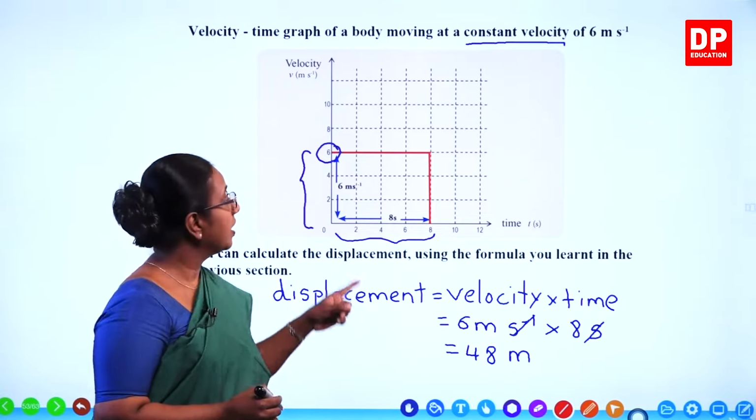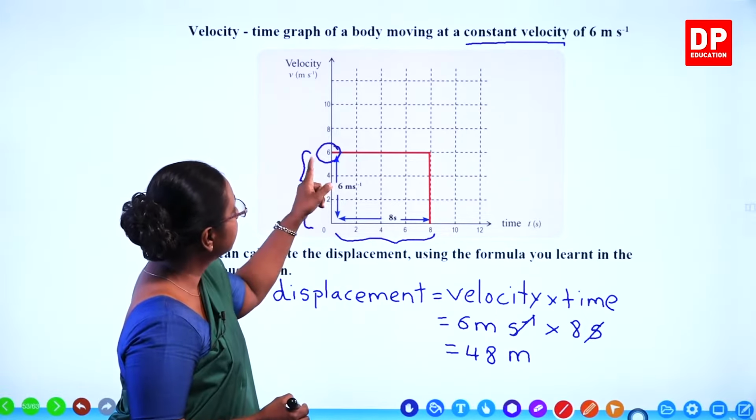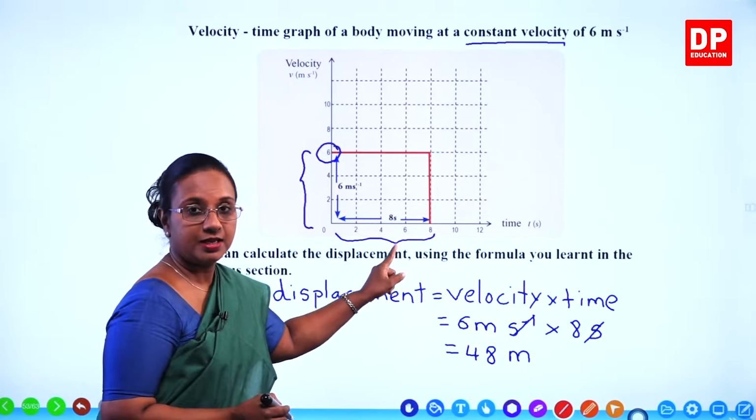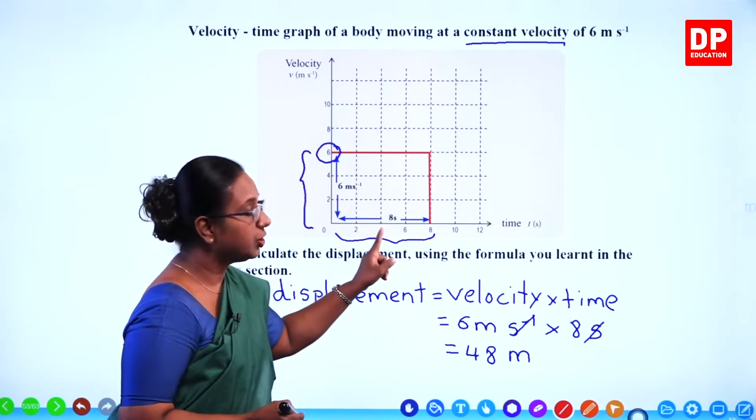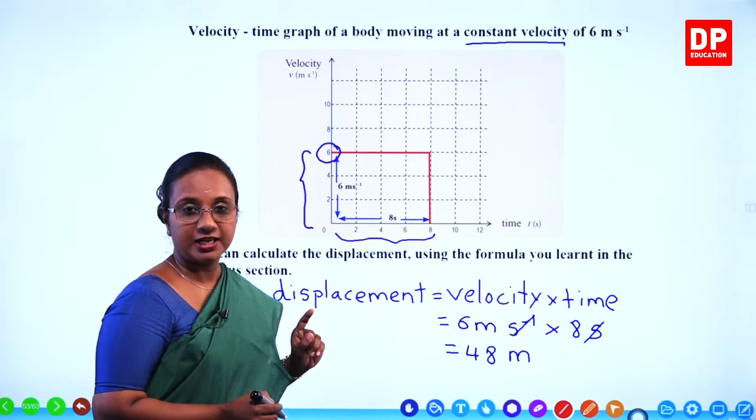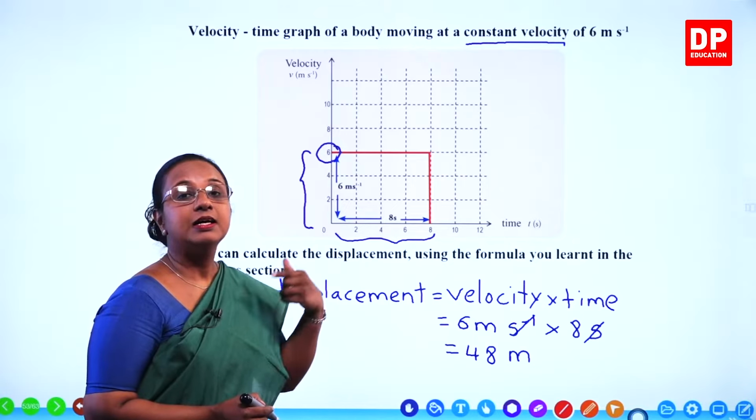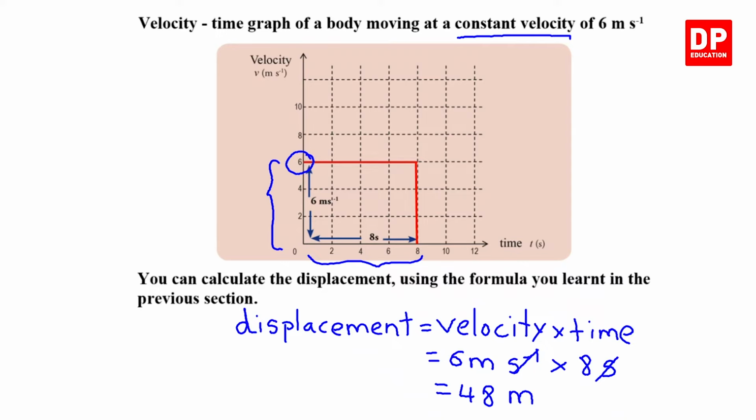So therefore, if we multiply this side by this side, that is the length into breadth of this rectangle, we will get the displacement. So students, we have to calculate the area of the rectangle.